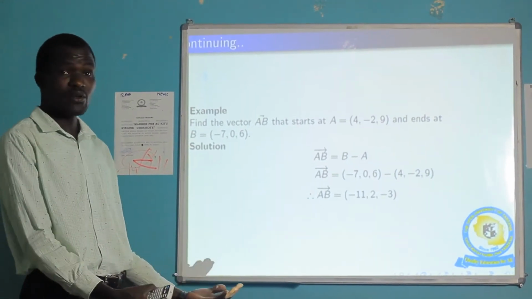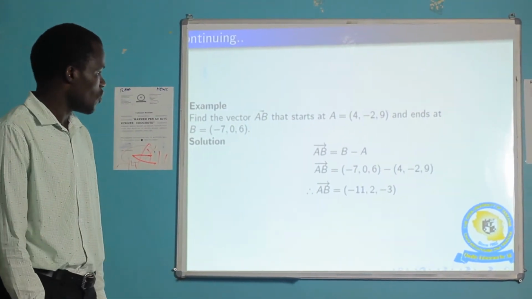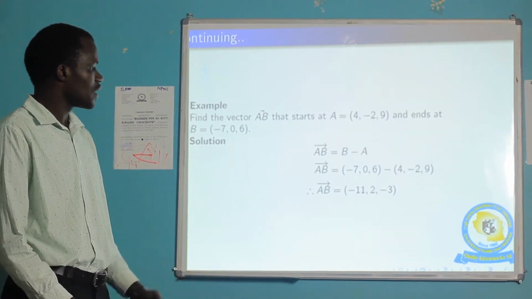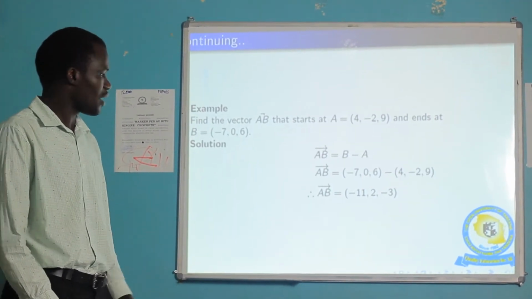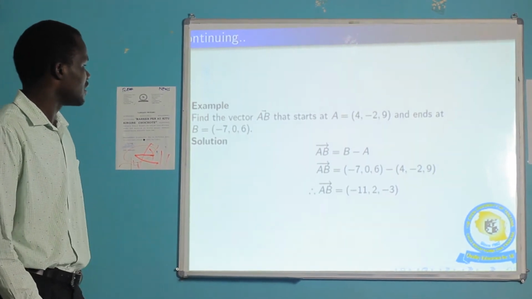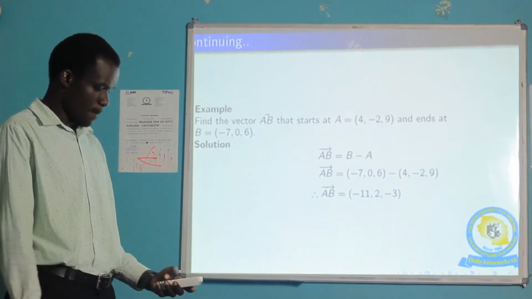By doing the normal subtraction, we get (-11, 2, 3). And this is our vector AB.